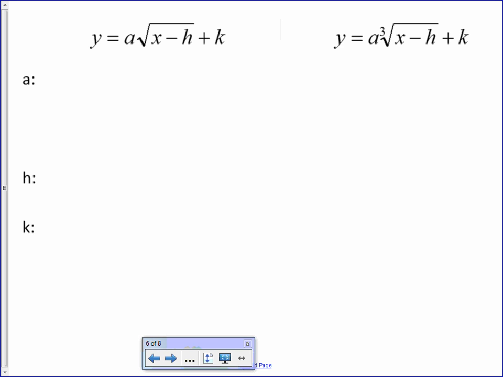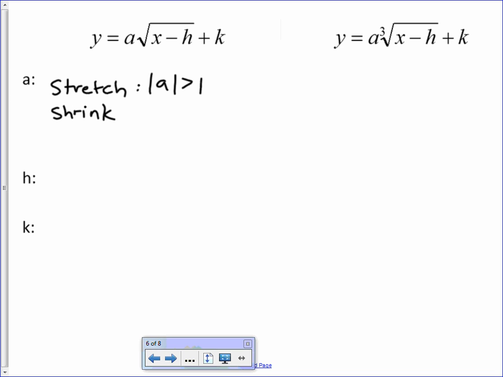Does the A move it up and down, or does that one move it side to side? Good question. Damon? A, like stretching. Yeah, stretches. A is responsible for stretch and shrinks. You know that it's being stretched if the absolute value of A is greater than 1.